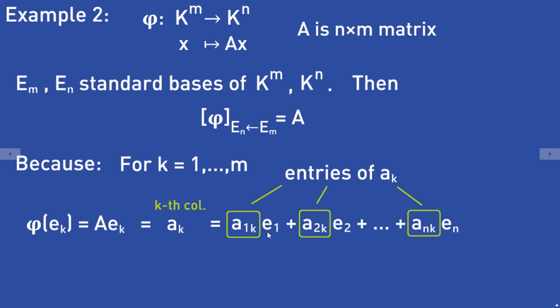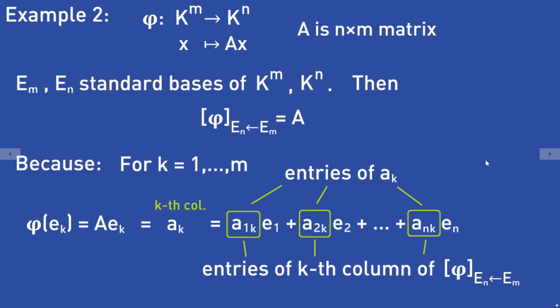But because of the definition of the matrix representation, these coefficients here are also the entries of the kth column of the matrix representation of phi with respect to these standard bases here. So in the end we get that the matrix representation of phi with respect to these two standard bases here is equal to the matrix A again. So this follows from that here.